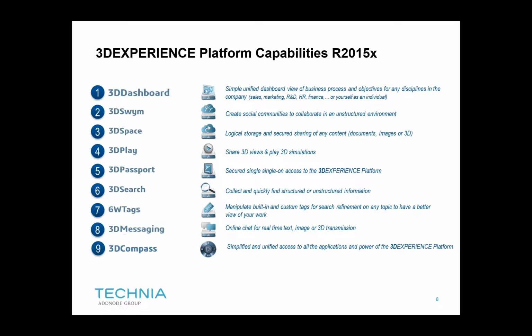Previously there were integrations to third-party chat and instant messaging applications. Now there is an embedded online chat component. And of course the omnipresent 3D compass. That is really the main entrance to the platform. That is where you choose the app to work in, and I'll show you that also during the demonstration here later on.